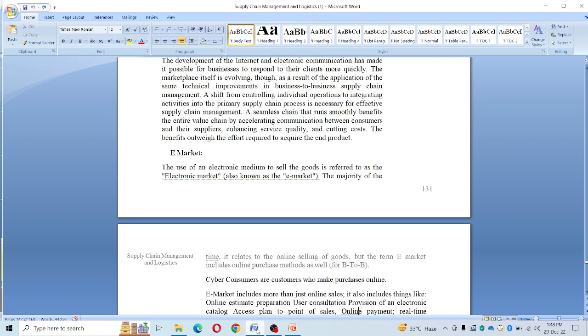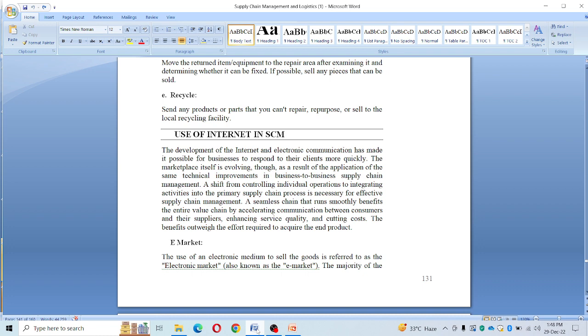Now next, the second part of this chapter is use of internet in supply chain management. So everything we are going to learn in supply chain management, we will correlate with the virtual world going on, or the e-market, or you can say online technologies going on.